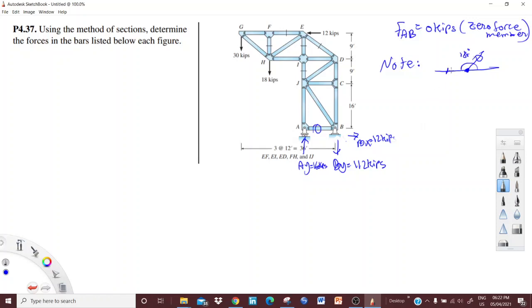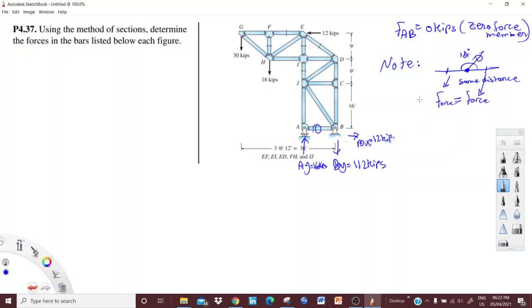But if the right member is equal to the left member, at the same distance, then this force and this force are equal.